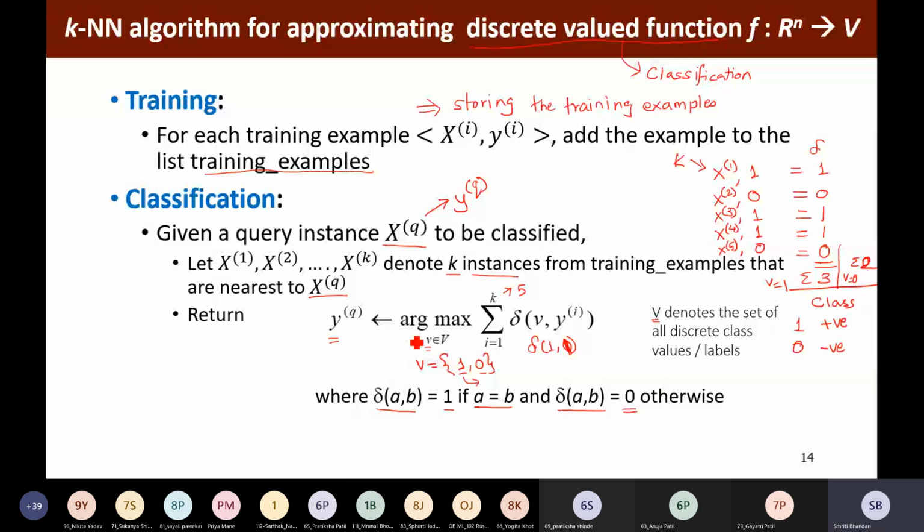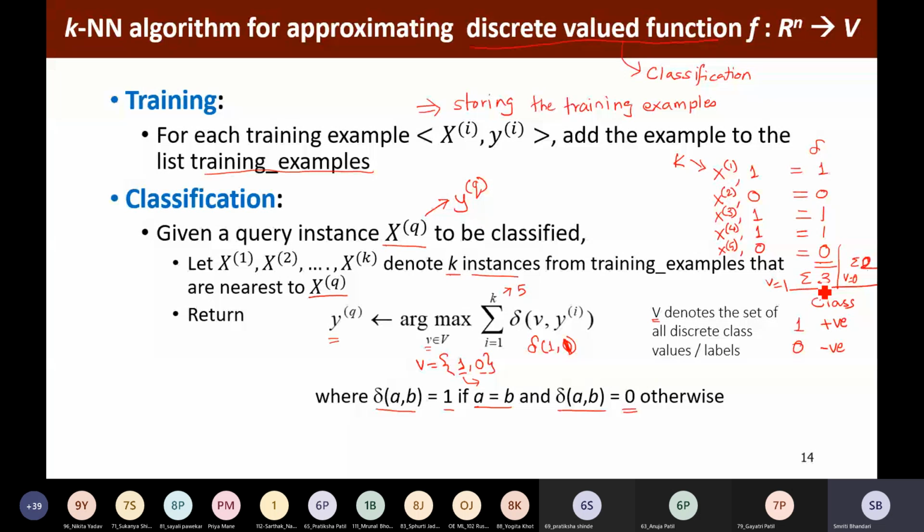So now we are making use of this argmax. What will this argmax function do? This will return the class label for which the computed sum is maximum. So for class label 1, the sum is 3, and for class label 0, the sum is 2. For which class label is the sum maximum?